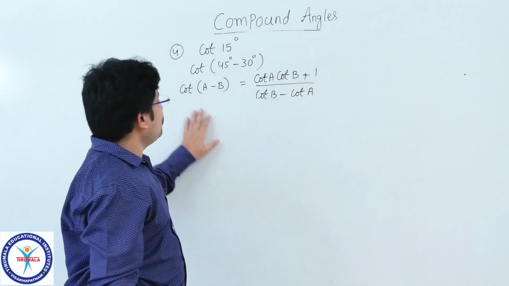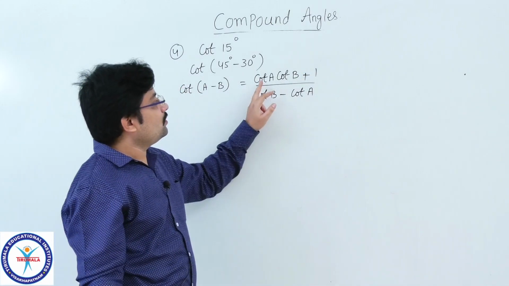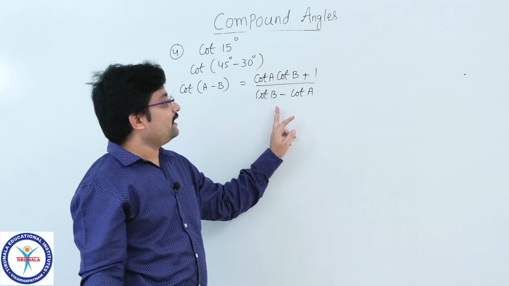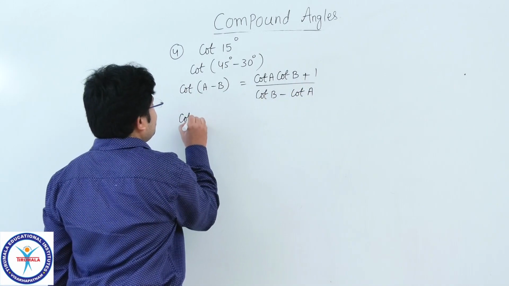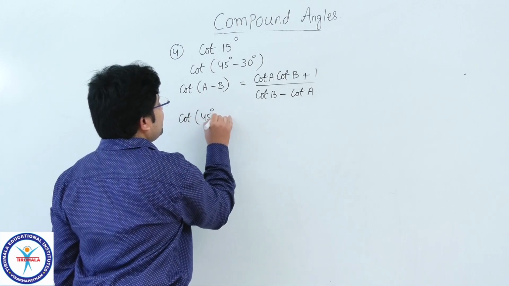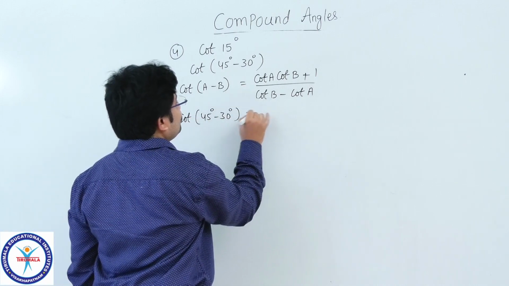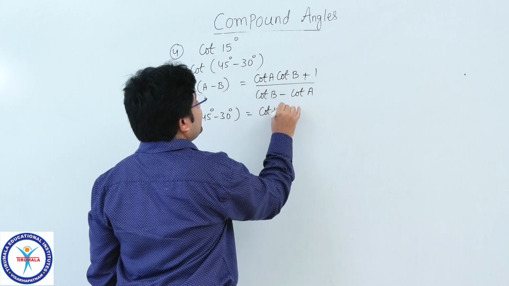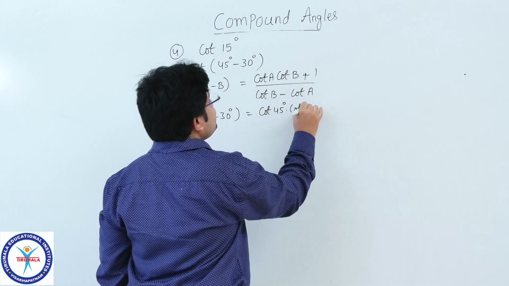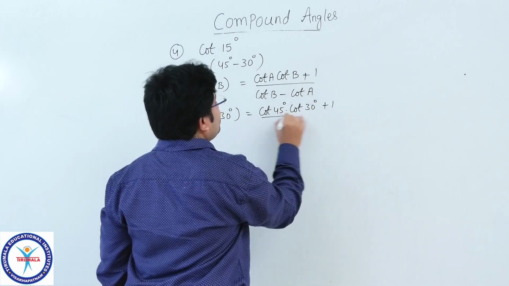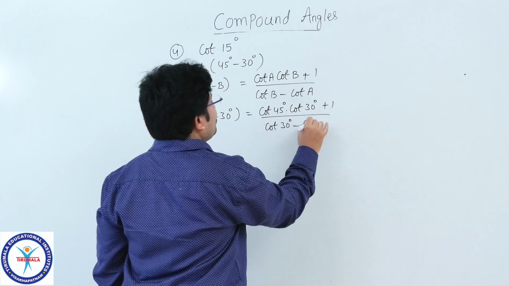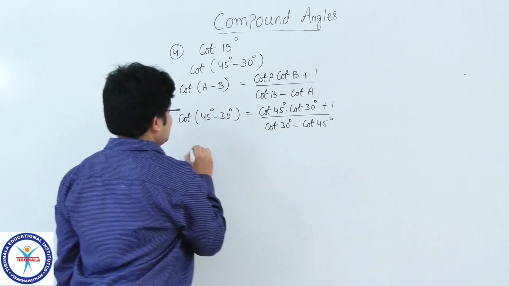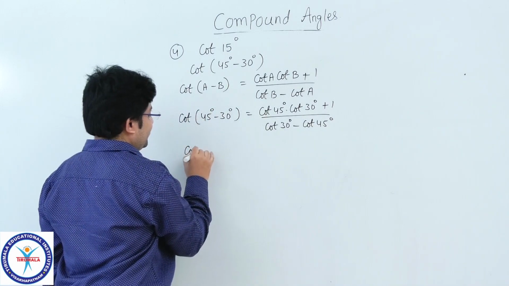We know that cot (A minus B) is equal to (cot A cot B plus 1) by (cot B minus cot A). So that is cot (45 degrees minus 30 degrees) is equal to (cot 45 degrees into cot 30 degrees plus 1) by (cot 30 degrees minus cot 45 degrees). 45 minus 30 is 15.